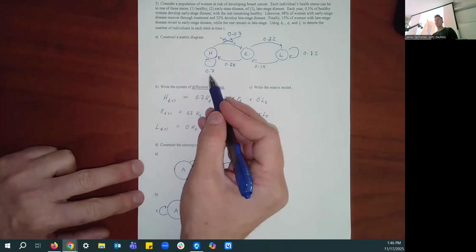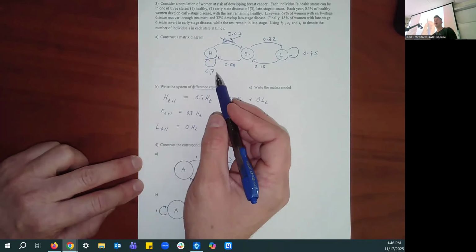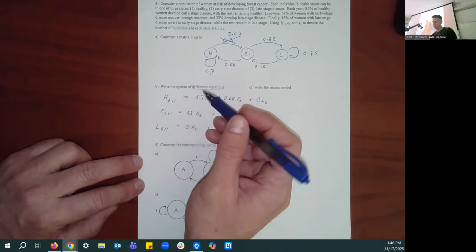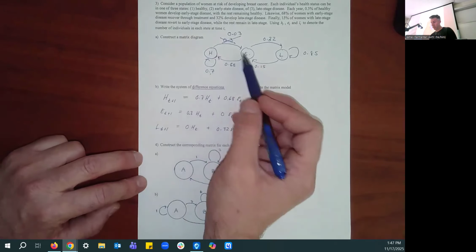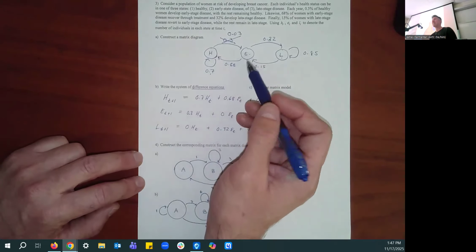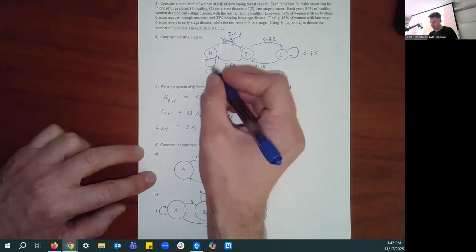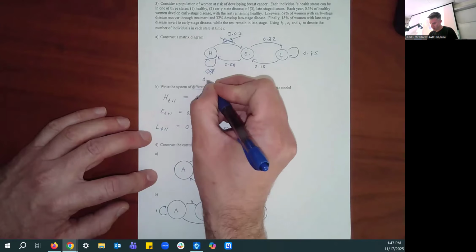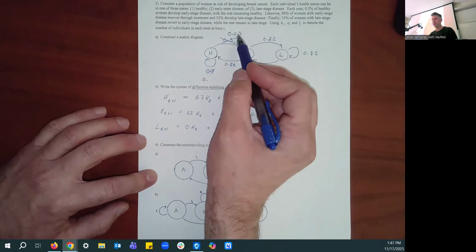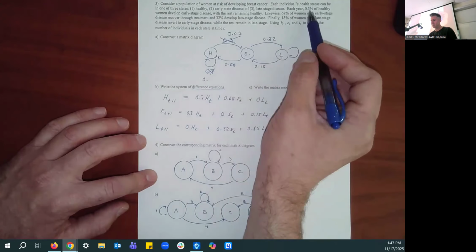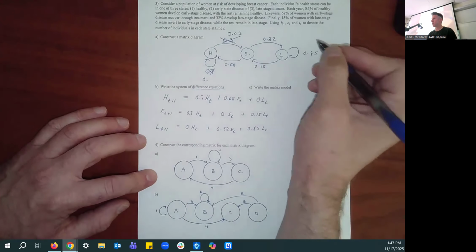Which means this number is also incorrect, right? If 0.3% become early stage, that means that 99.7% stay healthy. I feel like I'm making a mistake somewhere. I think I'm off by a decimal place still, right? Let's do the smart thing. If you have 0.3%, you just move the decimal over twice, right?